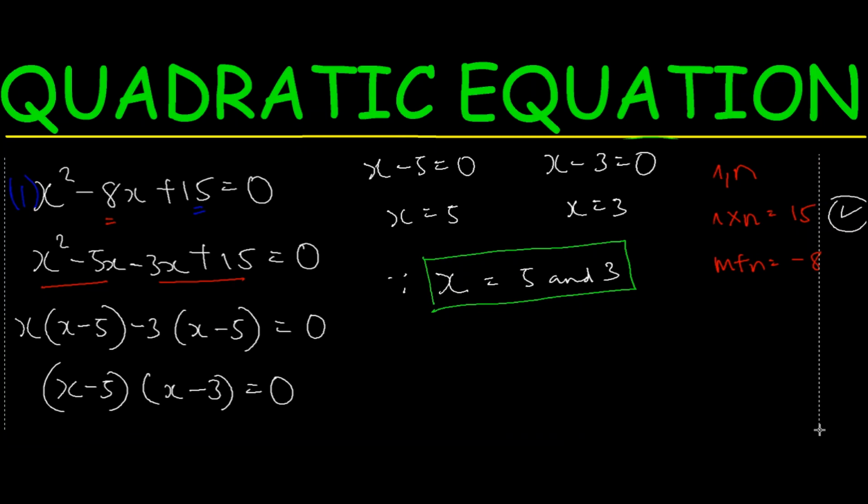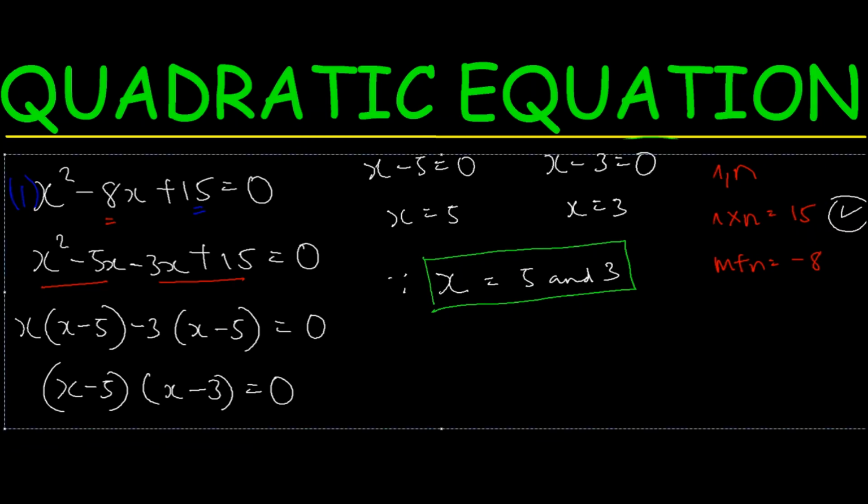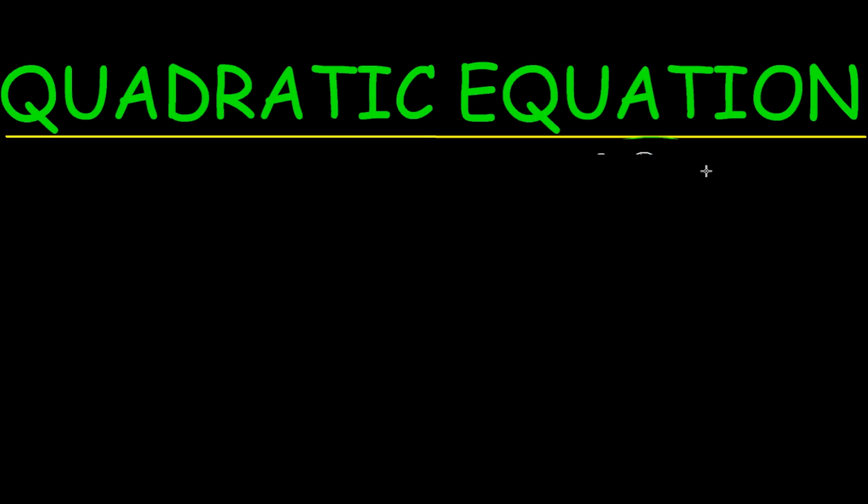So let's take another example. For our next example, we are to solve the equation x squared minus x minus 20 is equal to 0. The first thing we do is multiply the coefficient of x squared and our constant minus 20.